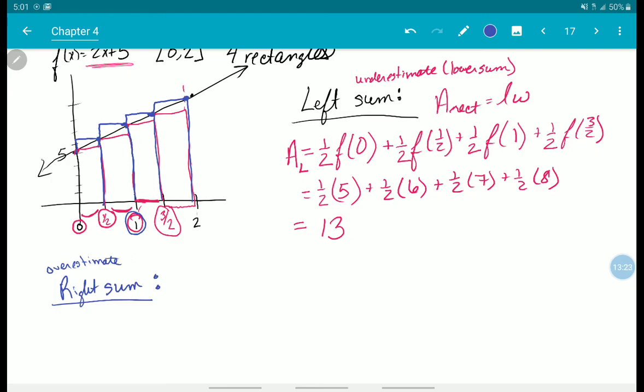So that's what they mean by an upper sum. Upper just means that it's going to overestimate what's going on with that area. So if we're looking at that right sum, I'm going to use AR. The width is still 1/2, but our heights have changed a little bit. That first rectangle, to find that height, we use the right-hand side of that interval, and that right-hand side is 1/2.